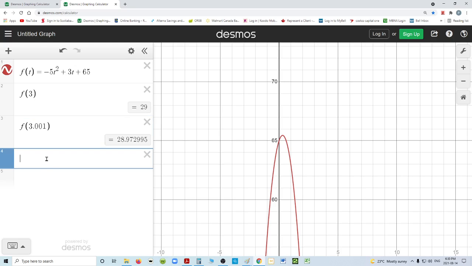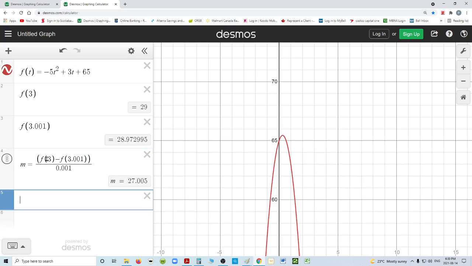Then I'm going to take that. I'm going to find my slope, which is f of 3 minus my f of 3.001, all of it divided by my h that I used. And I put it in the wrong order.